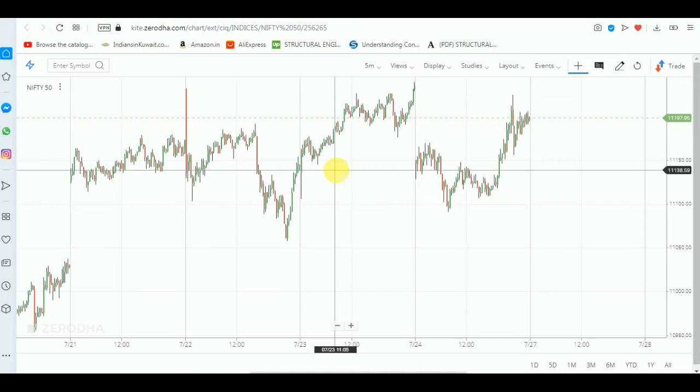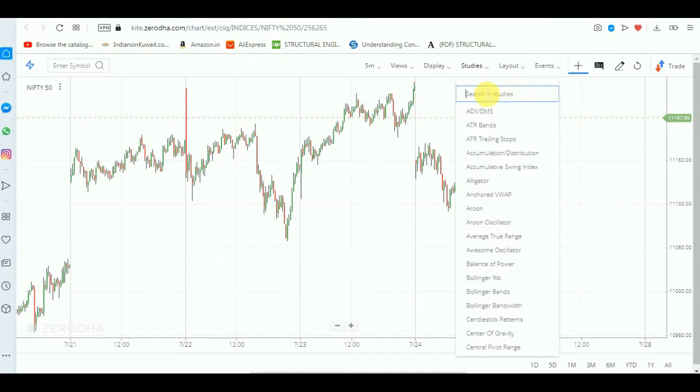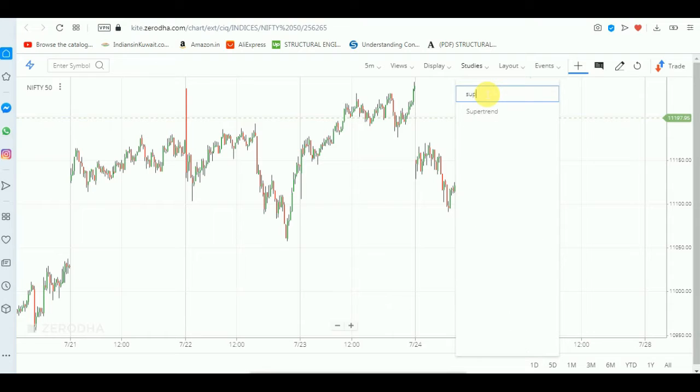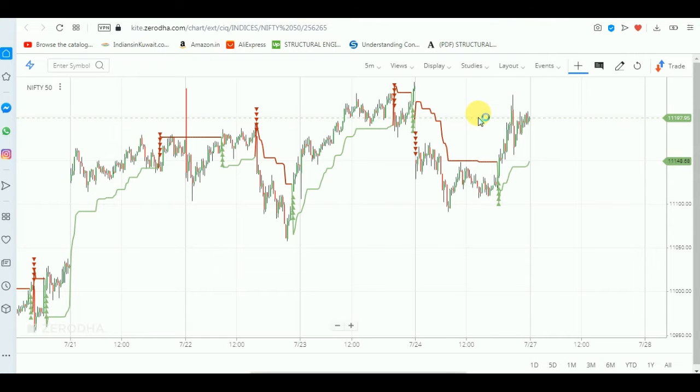So here this is basically the price chart, and I have opened Nifty 50. This is a 5-minute candlestick chart. Click on studies, and I'm searching here for Super, so automatically Super Trend will appear, right?